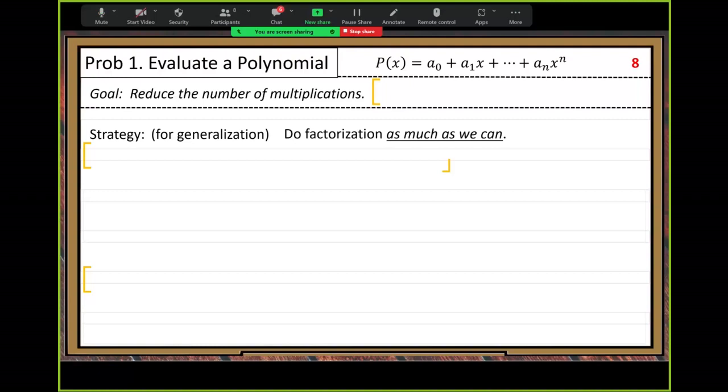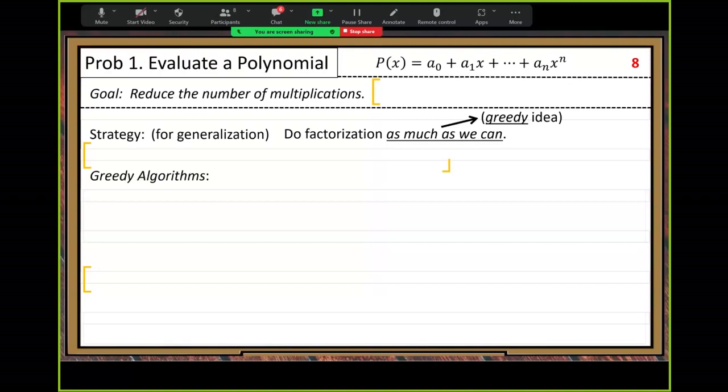When we do the factorization, we take this approach: do factorization as much as we can. Here, the phrase as much as we can means we actually apply the greedy idea, the greedy strategy in the greedy algorithm.